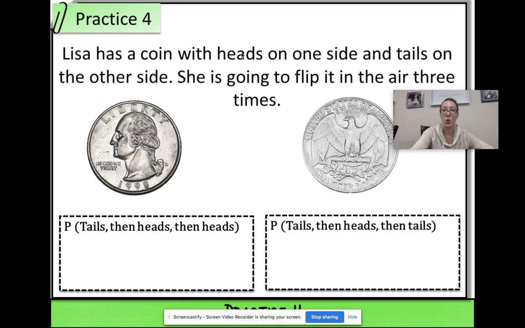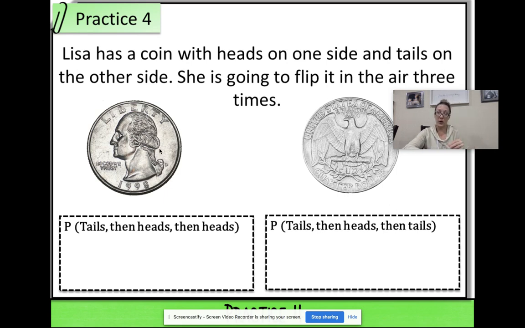So Lisa has a coin with heads on one side, tails on the other side. She's going to flip it in the air 3 times, and we want to know some probabilities. So what's the probability of getting tails, then heads, then heads? This is a classic case of independent events, because think about it.